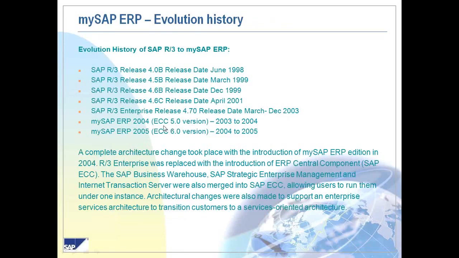ECC stands for ERP Central Component. For certain reasons the 5.0 version was withdrawn by SAP. The new product is SAP ERP, that is the 6.0 version, available from 2006 onwards.